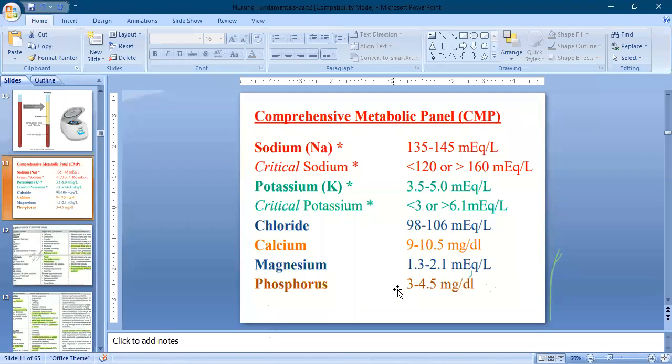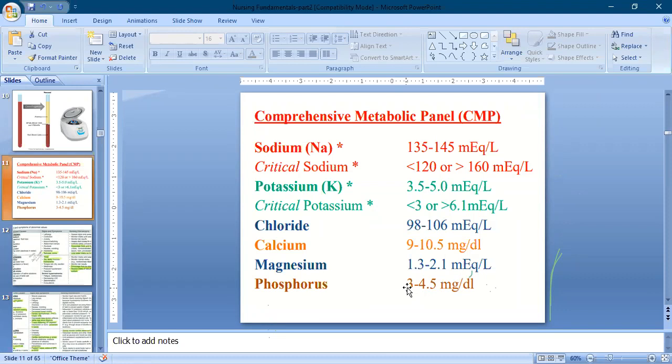If the phosphorus level is less than 3, it is called hypophosphatemia. The cause of hypophosphatemia is hyperparathyroidism. When hyperparathyroidism develops, the patient's parathyroid hormone goes up, calcium level goes up, but phosphorus level goes down.